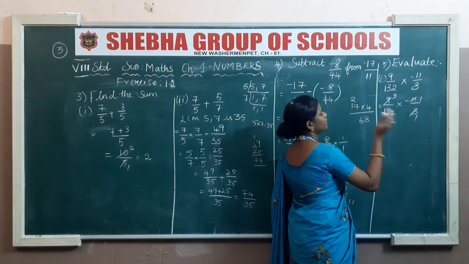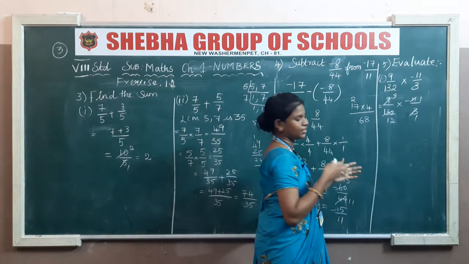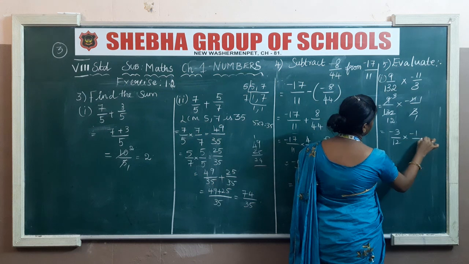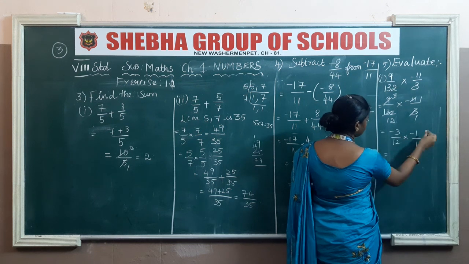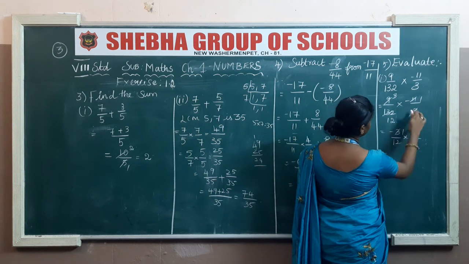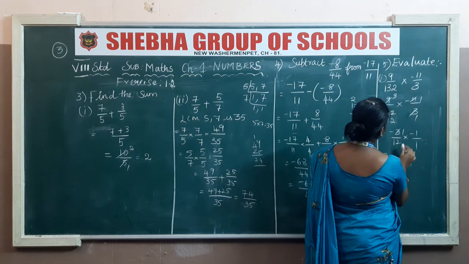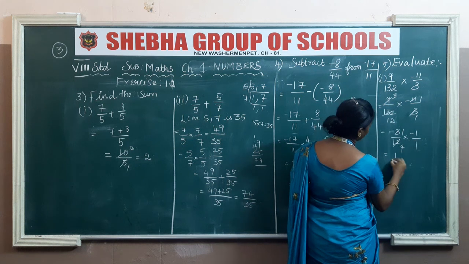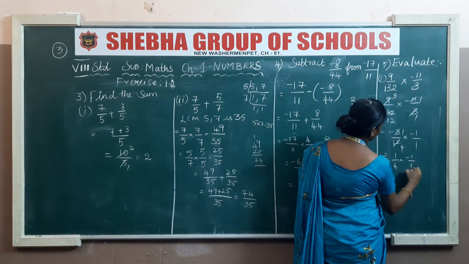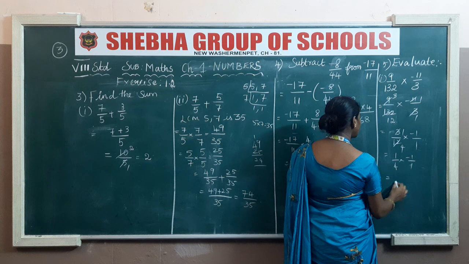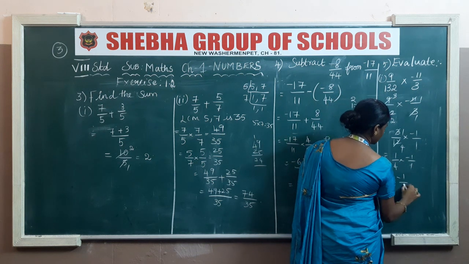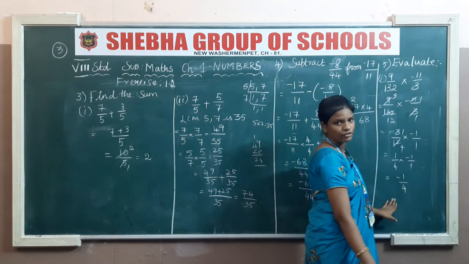So it is equal to minus 3 by 12 into minus 1 by 1... 3 ones are 3, 3 fours are 12. So we write 1 by 4 into minus 1 by 1. Minus 1 into 1 is minus 1, and 4 into 1 is 4. So we write minus 1 by 4.